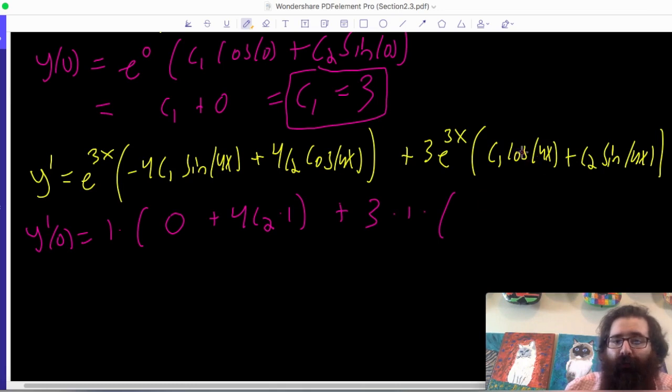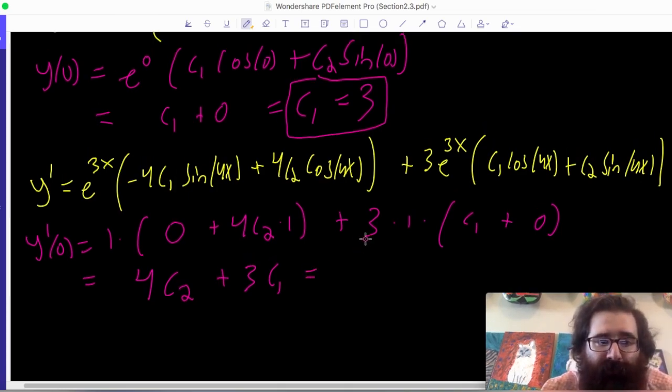Cosine at 0 is 1, so I get c sub 1, plus, remember, sine at 0 is 0. So even though I didn't simplify this, it still evaluates pretty quickly, I would say. Here I get 4c sub 2 times 1, which is just 4c sub 2, plus 3 times 1 is 3, times c sub 1 is 3c sub 1.